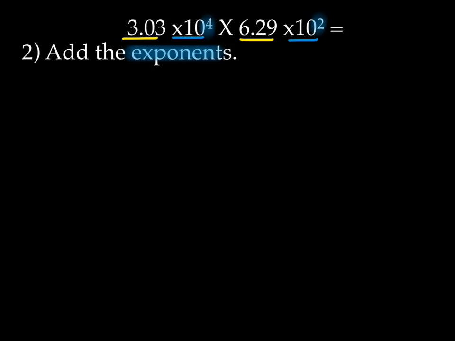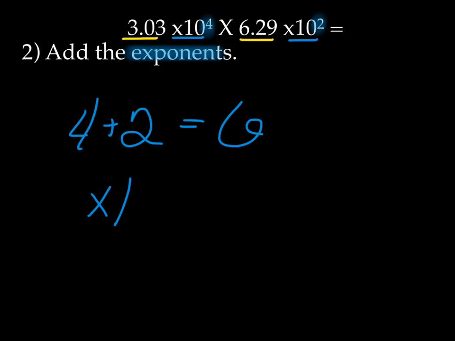So we're going to add the exponents 4 and 2, and that gives us a new exponent of 6. So we have now moved the decimal 6 times. Okay, again, we added the exponents. You multiply the coefficients and you add the exponents.